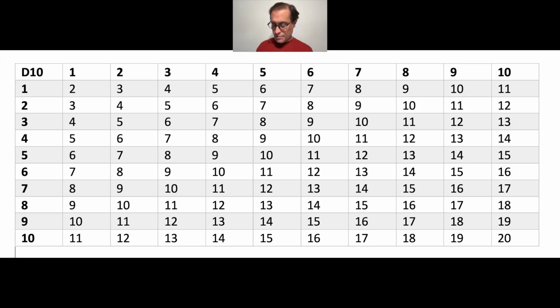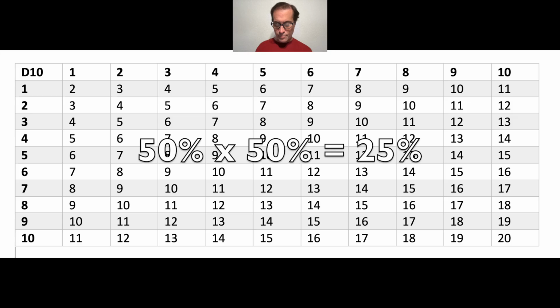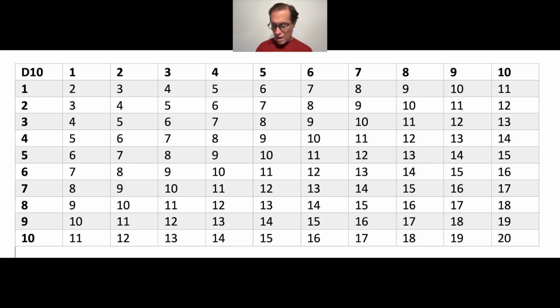Now you need both dice to be 6 or higher if it's disadvantage. So that would mean that you have a 25% chance. 50% times 50% is 25%. Okay? 1/2 times 1/2 is 1/4. Because we multiply in probability. All right? So that is a minus 25%.